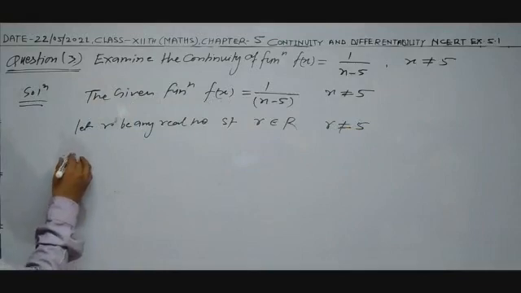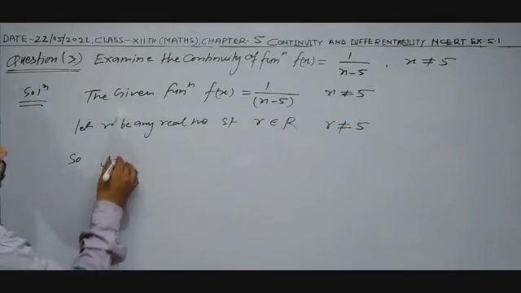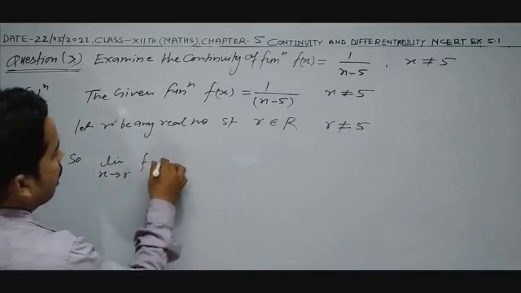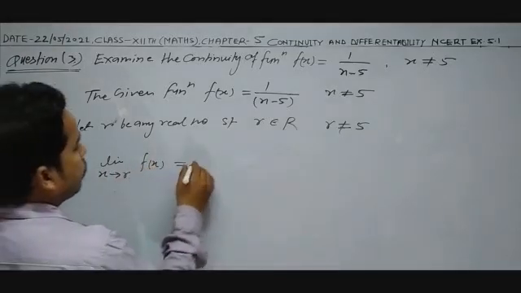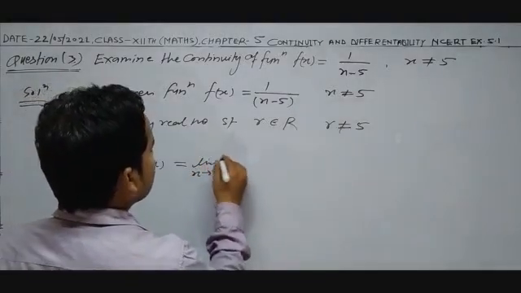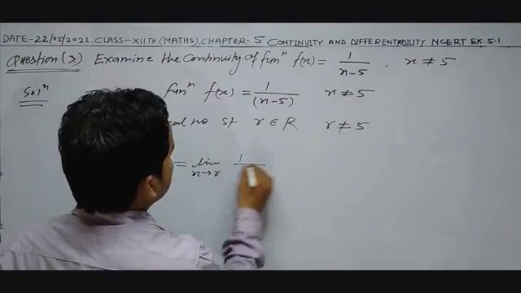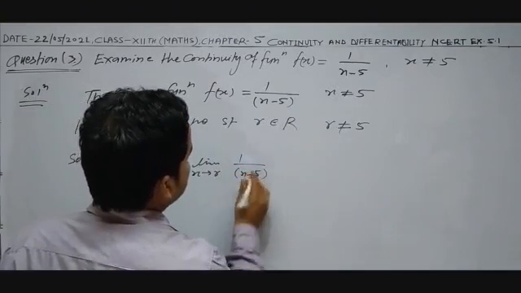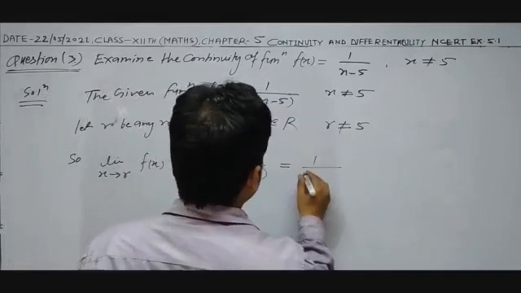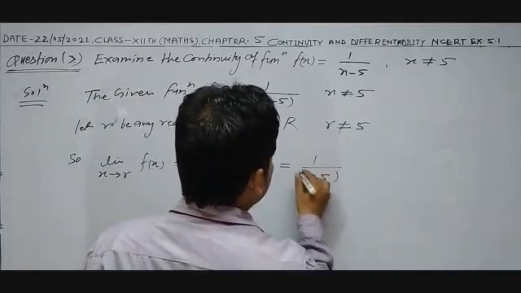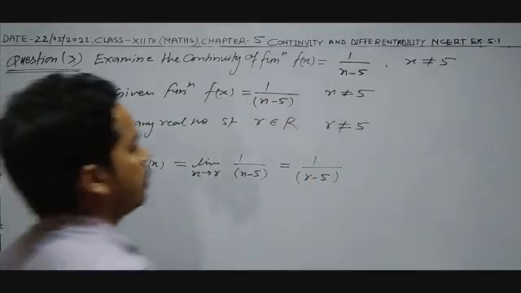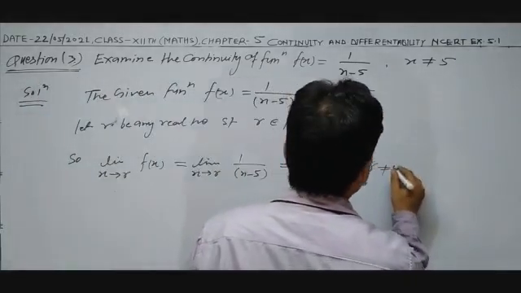So limit x tends to r of f(x) will be equal to limit x tends to r of 1 upon x minus 5, this will be 1 upon r minus 5, where r is not equal to 5.